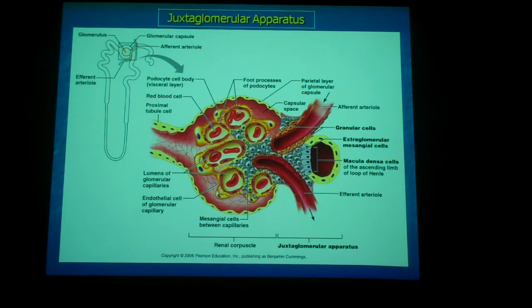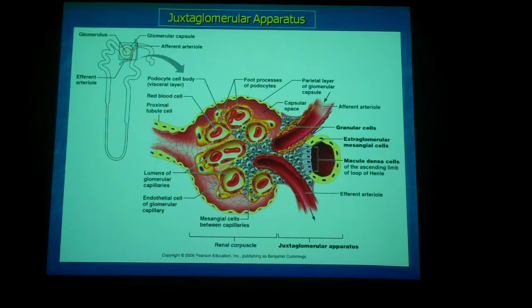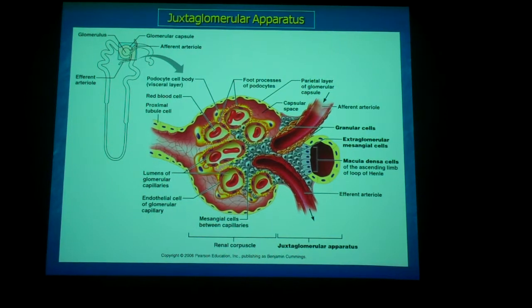All right, so when the fluid flow rate drops in the fluid that's flowing past here, that means that the glomerular filtration rate has dropped because we're producing less filtrate, therefore less tubular fluid to flow through this tube. When you slow down the flow of tubular fluid through the convoluted tubular system, that gives more time for reabsorption of solutes, sodium and other things.